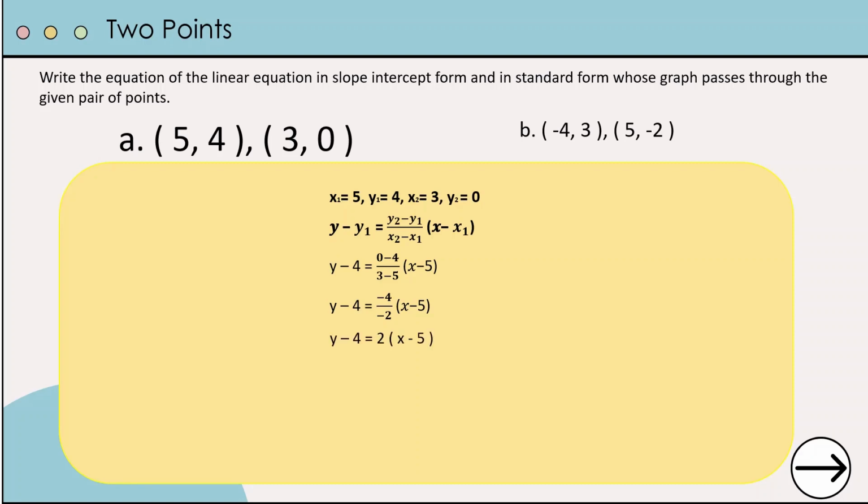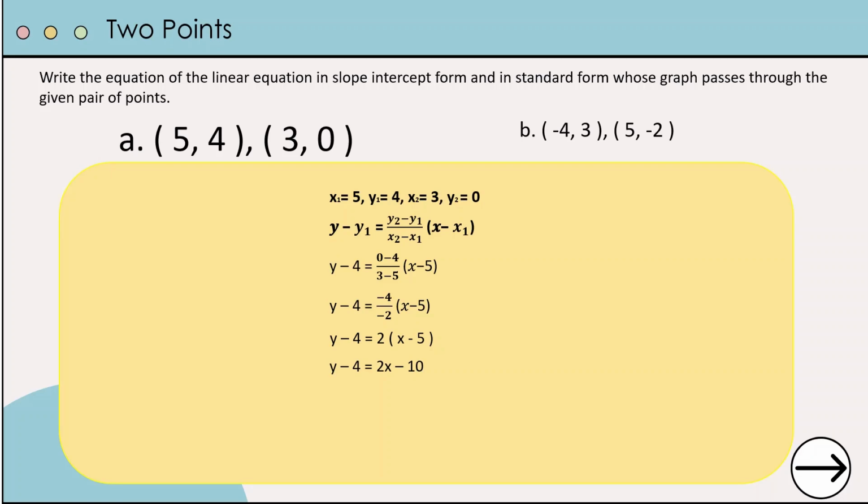Negative 4 over negative 2 becomes just positive 2, times (x minus 5). We can still further simplify the right side of the equation by distributing 2. So it becomes y minus 4 equals 2 times x, which is 2x, and 2 times negative 5 becomes negative 10.